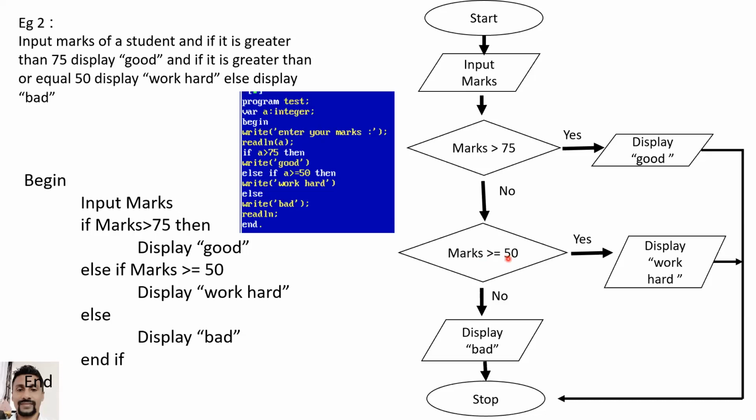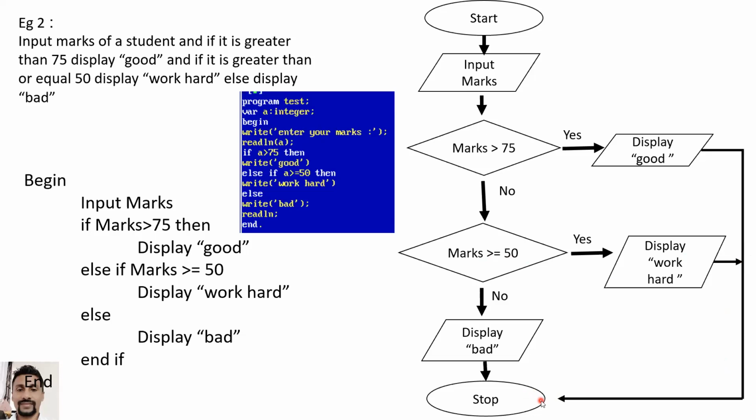If it is, you are going to display work hard. Else you are going to display bad. Now in this flowchart, you will be getting either good, work hard or bad. Out of the 3 outputs, you are getting only 1 output, not all. That's why I have used this line to connect here to the stop, right?